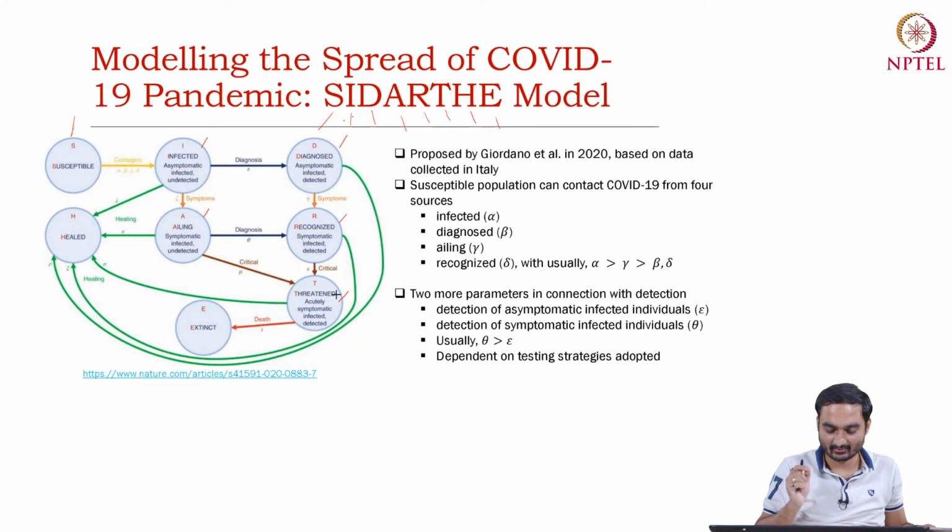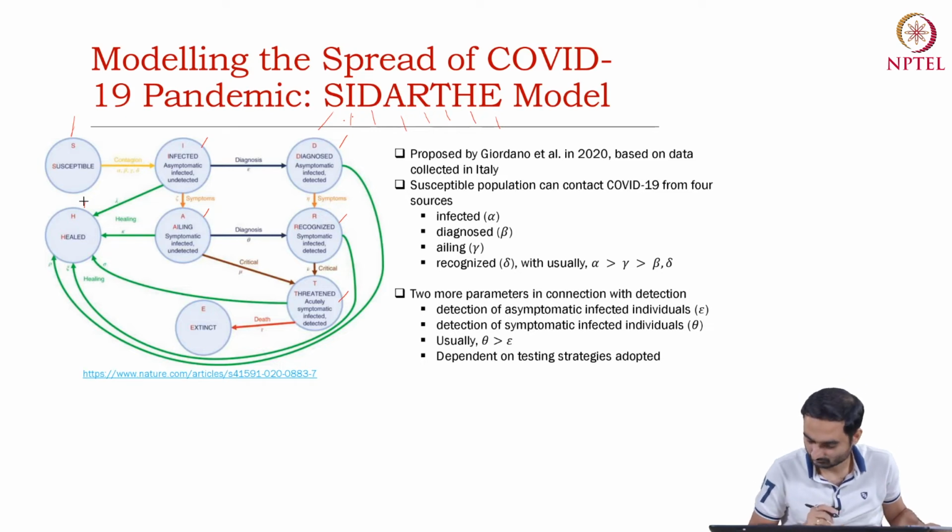These kinds of populations suffer from major COVID problems, and it may even lead to death. So from the threatened state we can move to extinct. Extinct means end of life, and we also have the population which is healed, H.